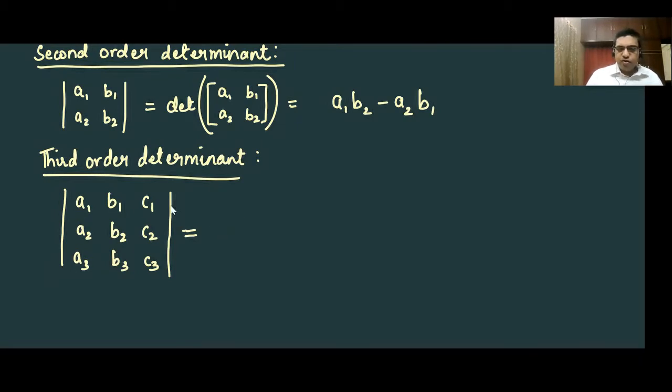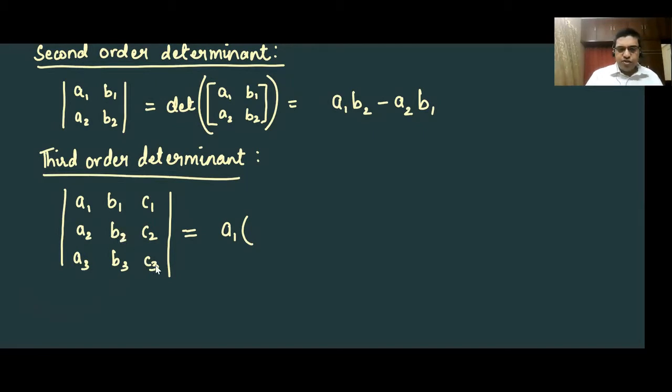So expanding about the first row, a1 times, we leave out the first row and the first column that contain the element a1, and then take the determinant of the remaining elements.